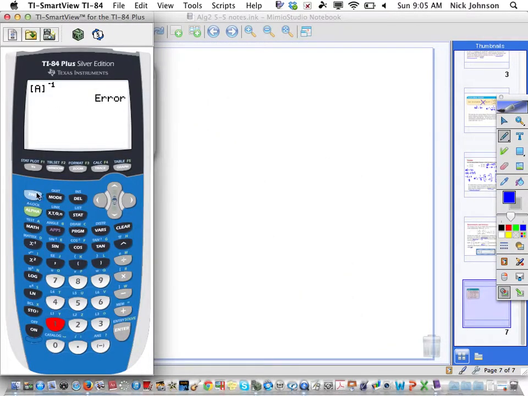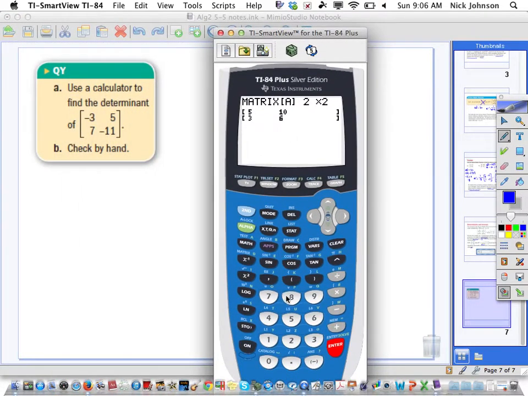I'm going to second function matrix. I want to go to edit, and I got to type in that matrix. So a -3, it's still a 2 by 2. So a -3, 5, 7, -11. Okay. I hit second function quit.